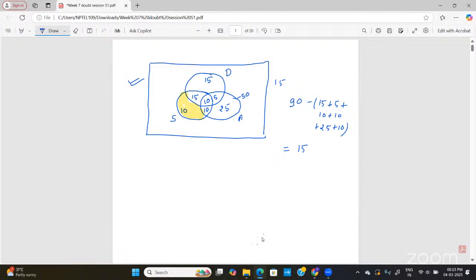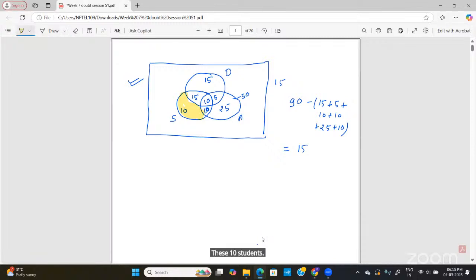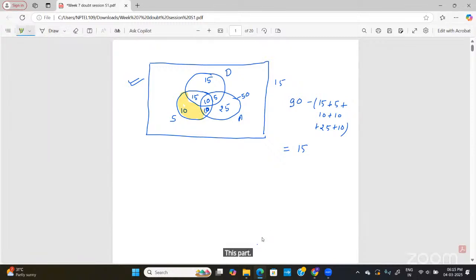So this will be 10 only, right? These 10 students are there who fall in this section, right?